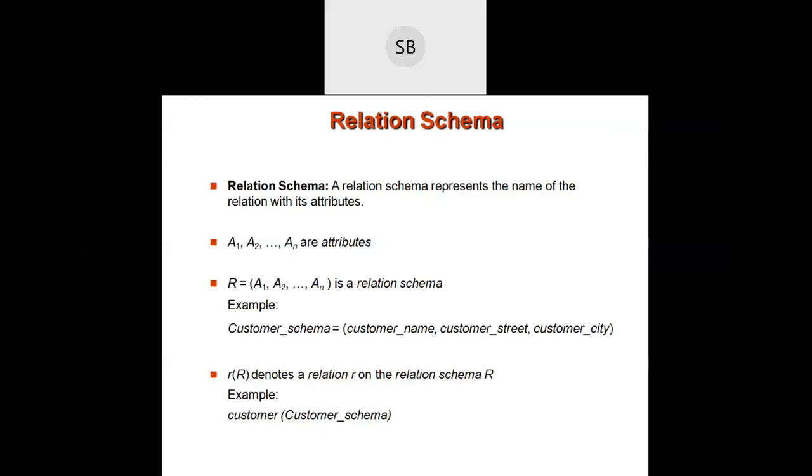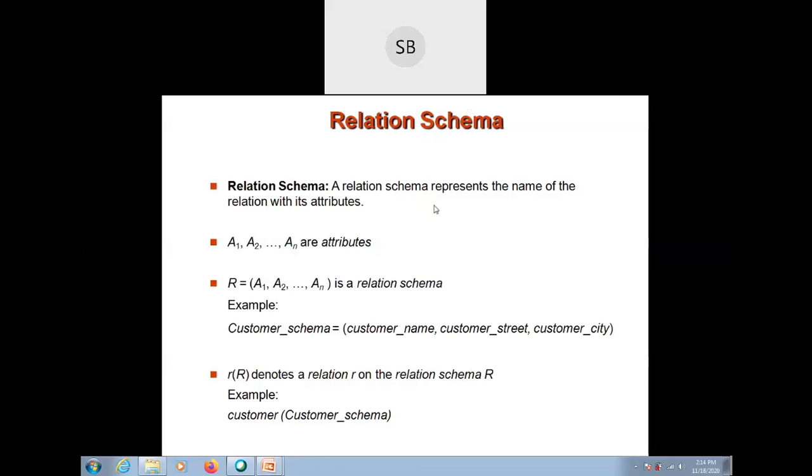This is the customer schema. Same for the account schema: account schema is equal to, in brackets, account number, branch name and balance. These are the attributes present in the account schema.